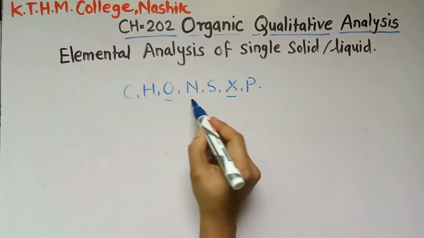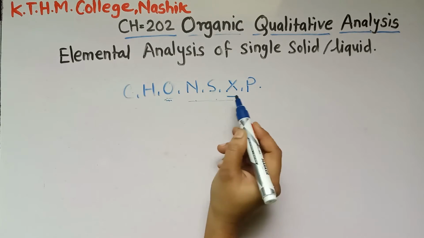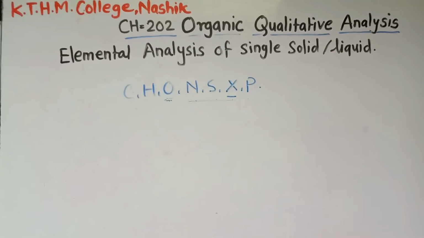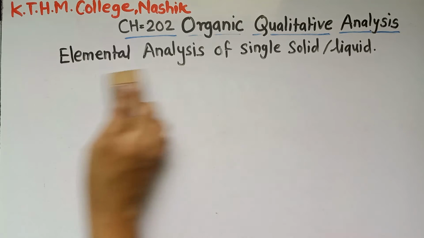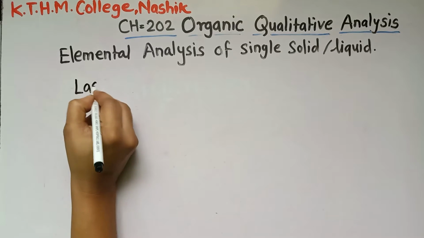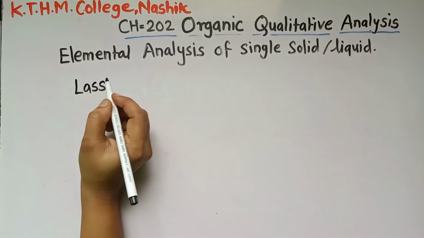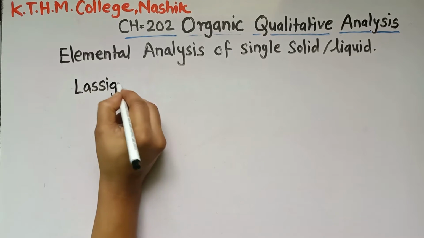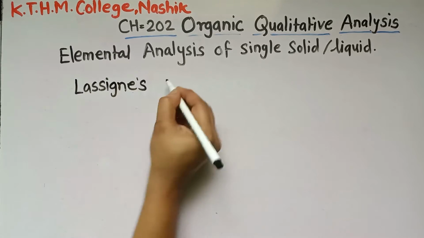But for the detection of nitrogen, sulfur, halogen and phosphorus, one test is performed, and the name of that test is Lassaigne's test. The spelling for Lassaigne's is this.